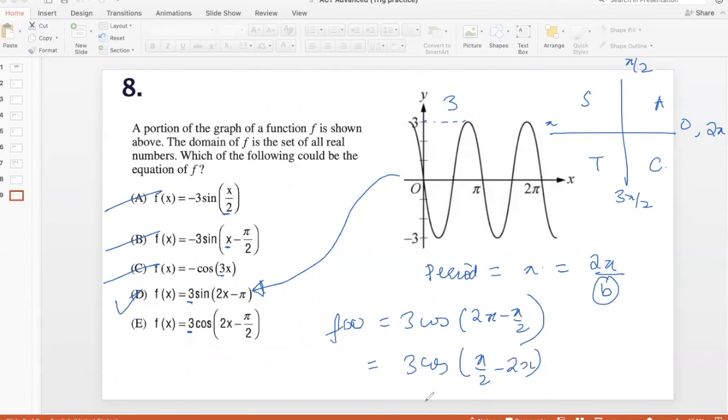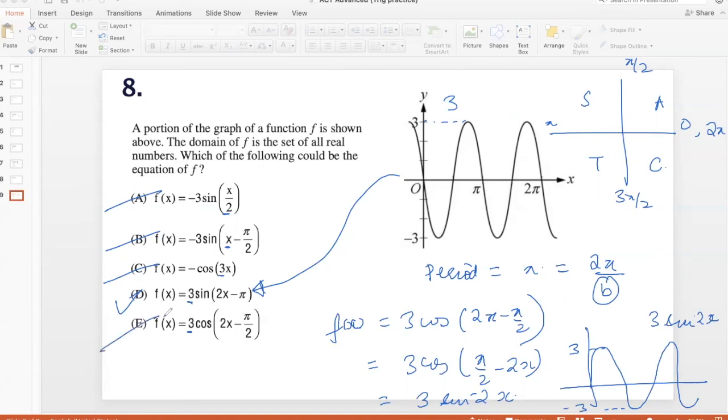And cos (pi by 2 minus 2x) would be 3 sine 2x, because cos (pi by 2 minus theta) is sine theta. So 3 sine 2x will just look like this, what we drew earlier, where the maximum value is 3 and the minimum value is minus 3. So the answer graph is not the same as this. It's the negative of this graph because it's reflected on the x-axis. So the right answer is option D.